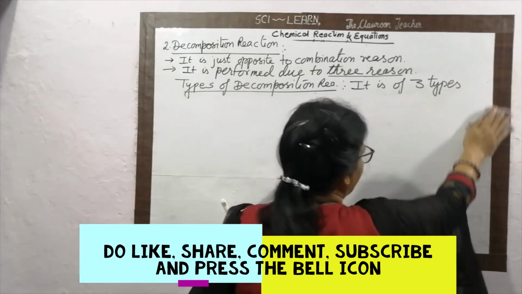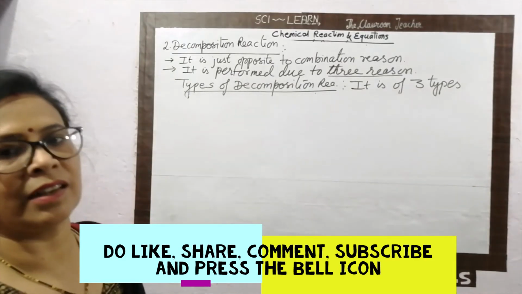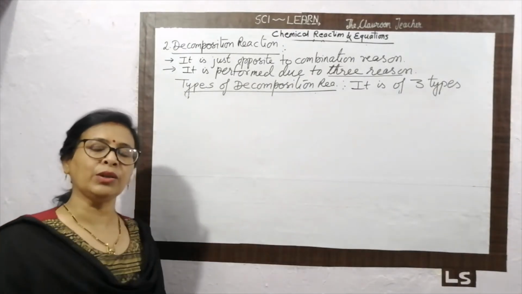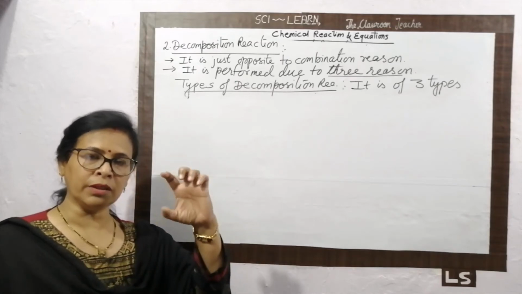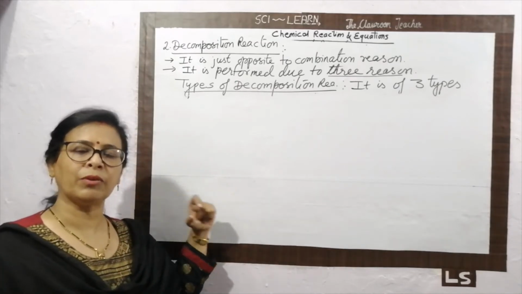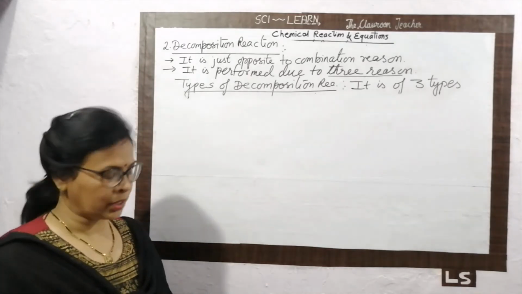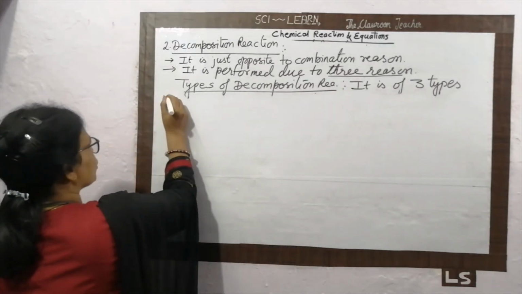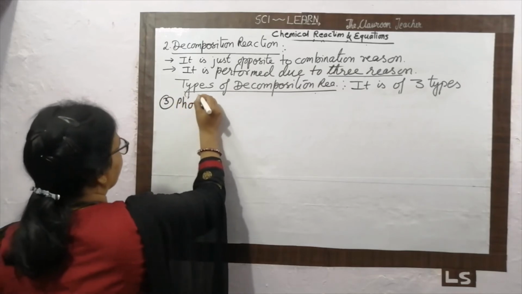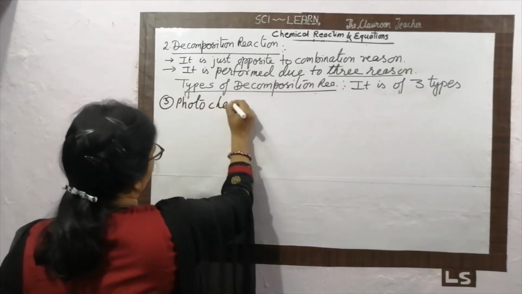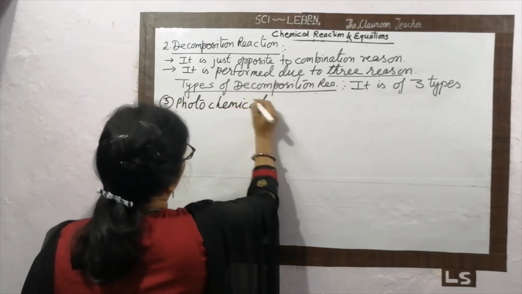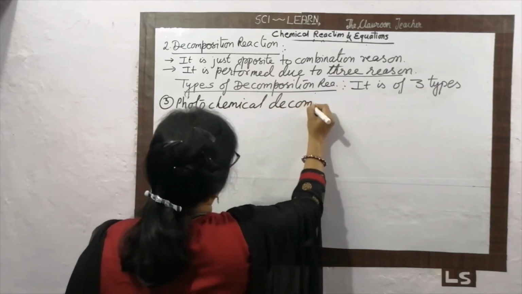You know very well how in earlier days the photographer used a technique to convert the roll into the negative, and then they develop from negative to the positive. That is actually the photochemical process. The third type of the decomposition is called photochemical decomposition.